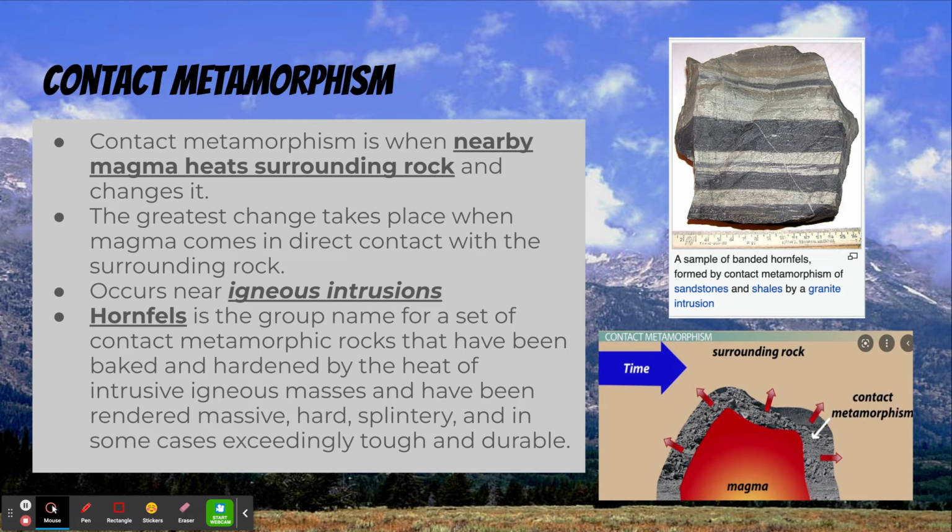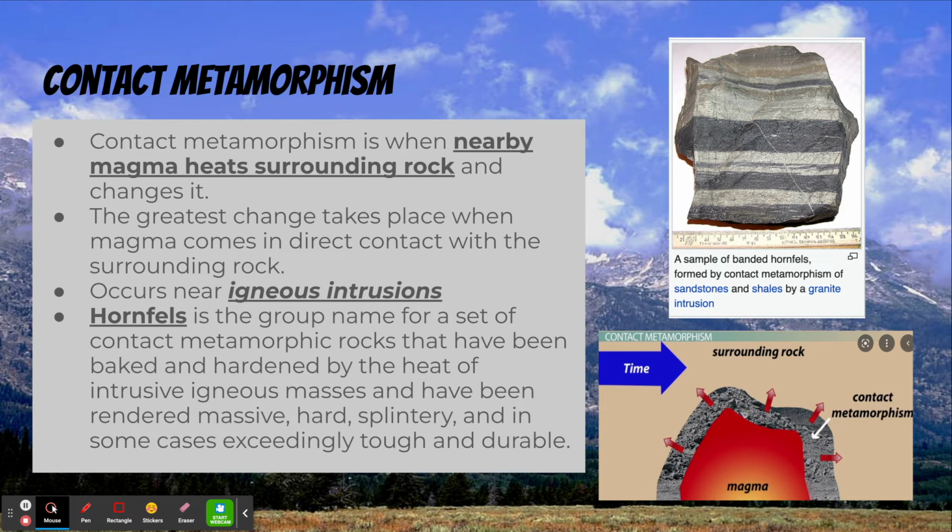A lot of times you'll get a magma chamber that is underground, and it will melt the surrounding rock. That magma chamber, the rock will harden, and that is an igneous intrusion. So around that igneous intrusion, you will start to metamorphosize the surrounding rock.